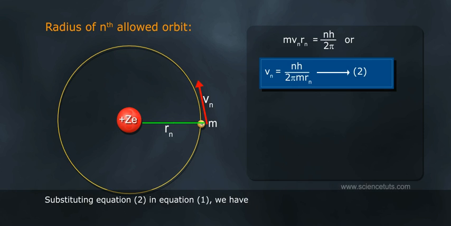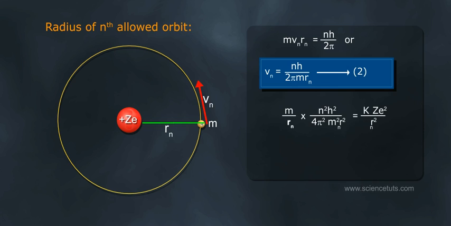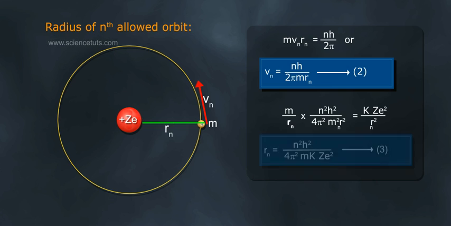Substituting equation 2 in equation 1, we have m by rn into n²h² by 4π²m²rn² equals kZe² by rn². Therefore rn equals n²h² by 4π²mkZe², equation 3.